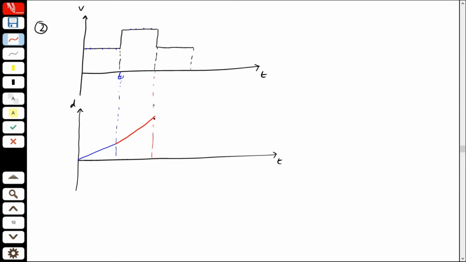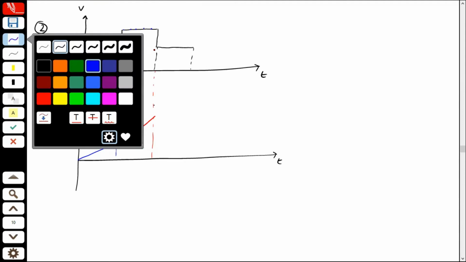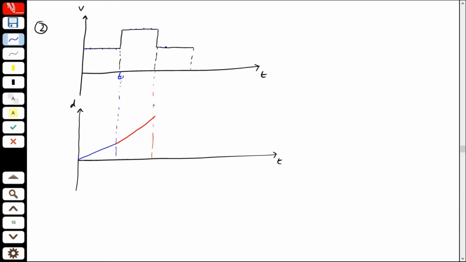Then the velocity is again constant but at a smaller value than this, so the steepness should be smaller and should be equal to this steepness.